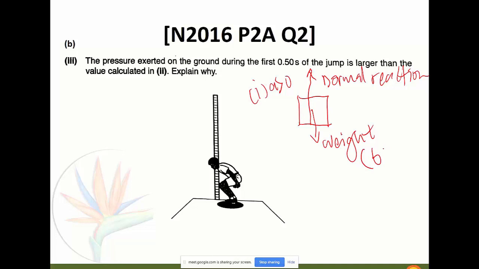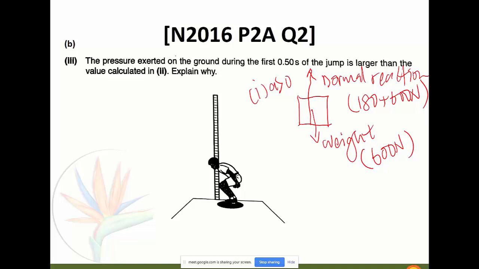Yes, this one is 600 Newton, and then it will be 180 plus 600, right? Because 180 plus 600 minus 600, you get 180. So that's how I get it.